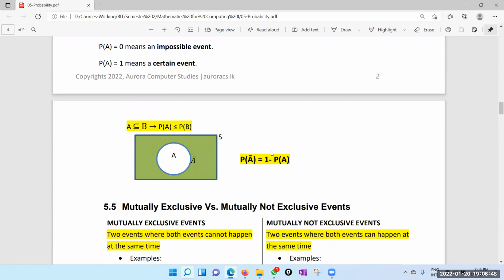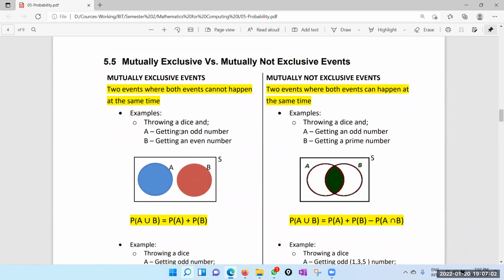Probability of not getting 6 is 1 minus 1 over 6, which is 5 over 6. And if A is a subset of B, then the probability of A is less than or equal to the probability of B.